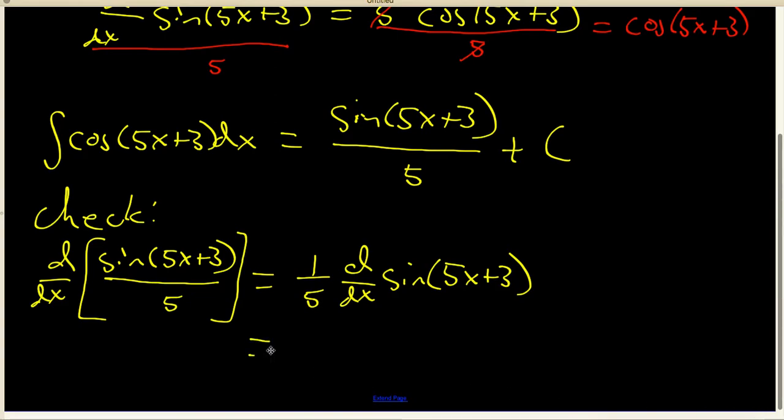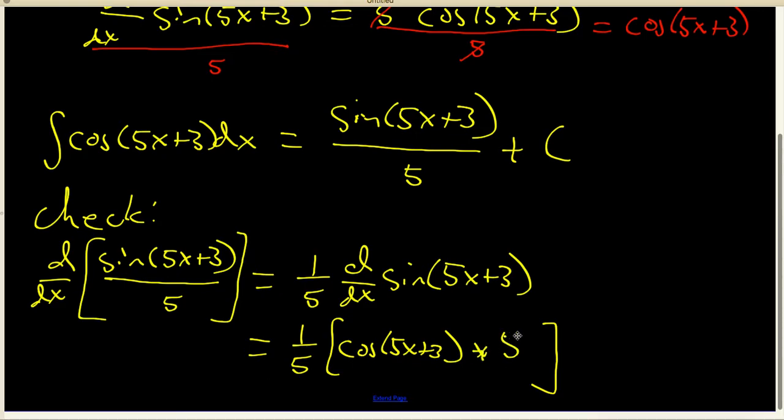But the chain rule says that this derivative is going to be cosine of 5x plus 3 times a 5. That 5 and that 5 cancel each other out, and I wind up with exactly the integrand that I started with. So this says that this formula is correct.